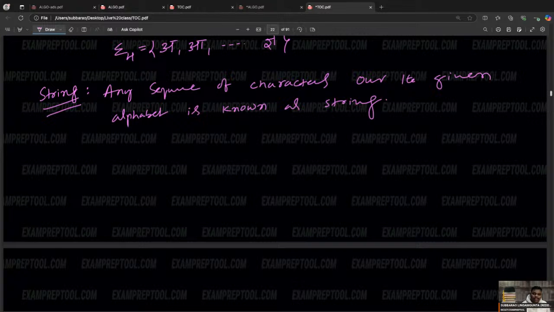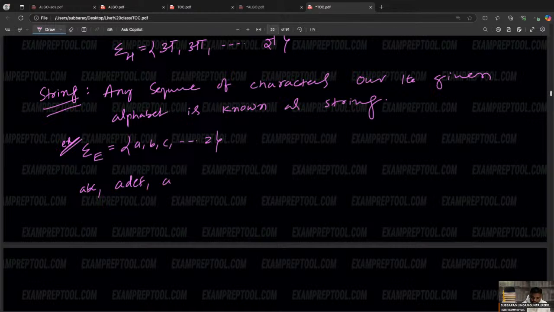So let me try a few things. Alphabet, for example, I am writing Sigma E, the English language alphabet. You know very well, it is A, B, C, and so on, Z. Now, if you see a string over this sigma, ABC is one string.